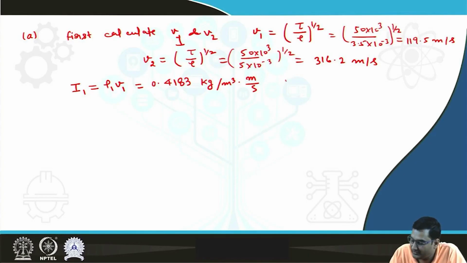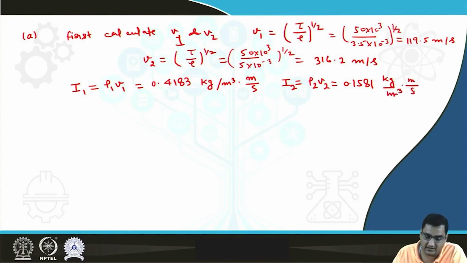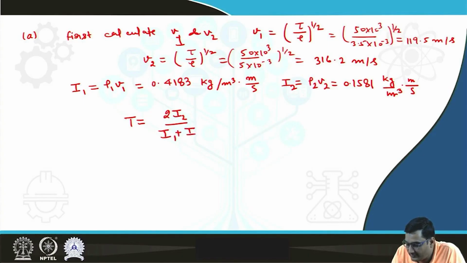Likewise, if you calculate impedance in the second string, that will come out to be rho 2 V2, equal to 0.1581 kilogram per meter cube into meter per second. Now you can calculate the transmission coefficient, that is 2 I2 divided by I1 plus I2, and when you incorporate the values it comes out to be 1.4514.